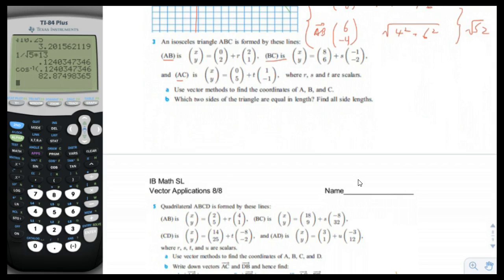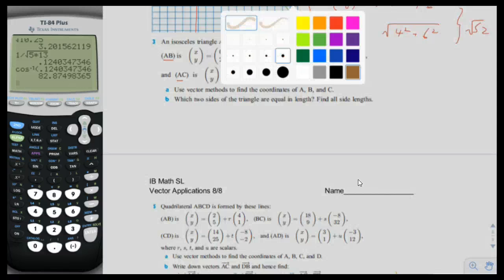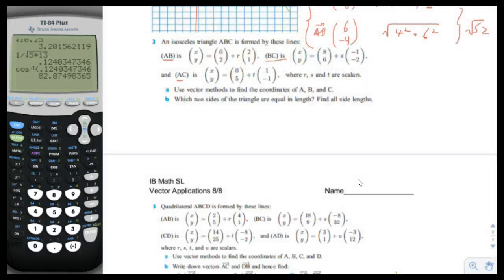And we're going to use vector methods to find the coordinates A, B, and C. Okay, so for example, we'll take first AB and BC, and then we'll figure out where those two lines intersect to find the point B. Okay, so first we're going to try to find B. So we're going to take the x-coordinate, which for AB is x equals 0 plus 2r. And we're going to set that equal to the x-coordinate for BC, which is 8 minus s.